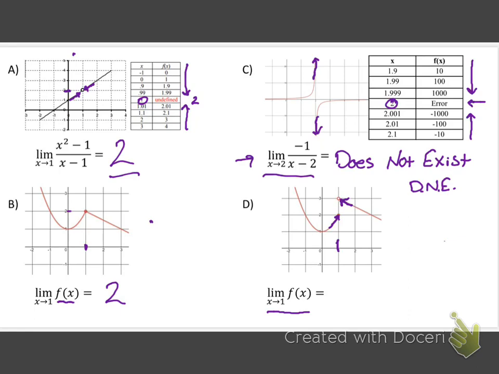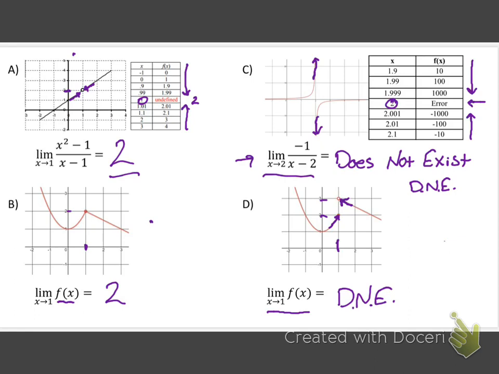So again, just like the example above it, because it is approaching two different things, 2 and 3, this limit does not exist. It doesn't matter that 2 and 3 are relatively close in our minds, and we definitely don't want to average it and say 2.5.